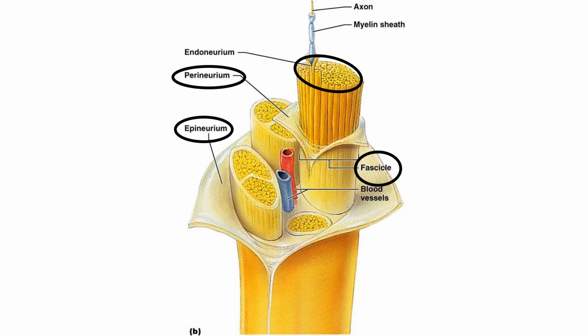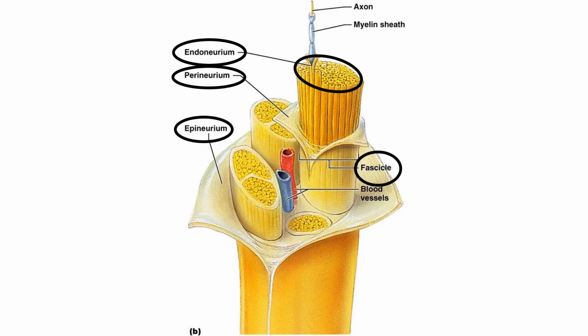Then each single axon is covered by myelin sheath, of course, plus a very thin layer of connective tissue called endoneurium. So what is this image telling me? This image is telling me that peripheral nerve has connective tissue elements.